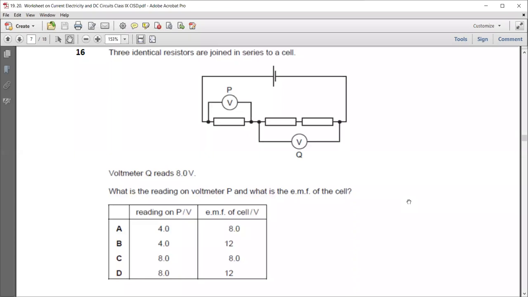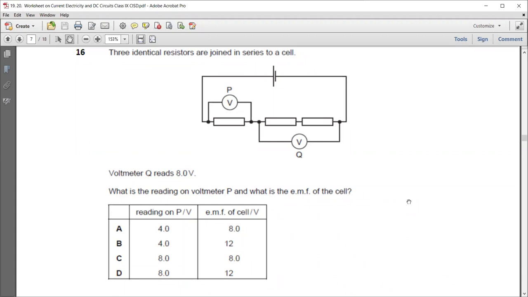Three resistors are joined in series to a cell. Voltmeter Q reads 8 volt. What is the reading on voltmeter P and what is the EMF of the cell? The reading on P should be 4 and the EMF of the cell is 12.